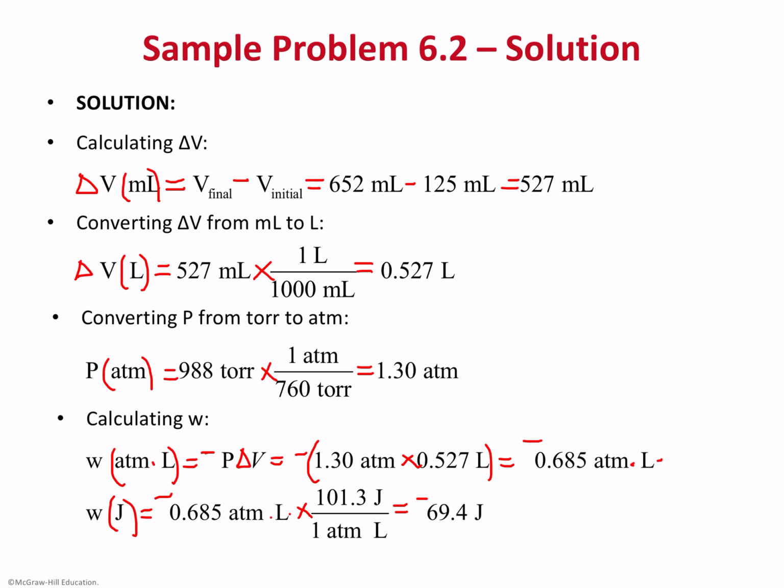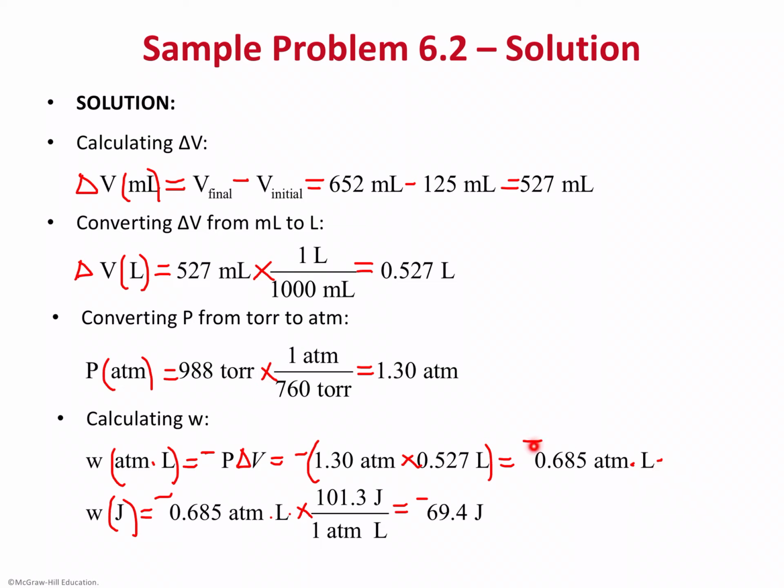The slide is just showing how to calculate delta V, which I did with you, and then converting to atm, we did that too. Now we have atm and liters. W equals negative P delta V. The pressure is 1.30, and we have to carry that negative sign: 1.30 atm times the volume 0.527 liters. Multiply the two, and you get 0.685 atm liter, negative.